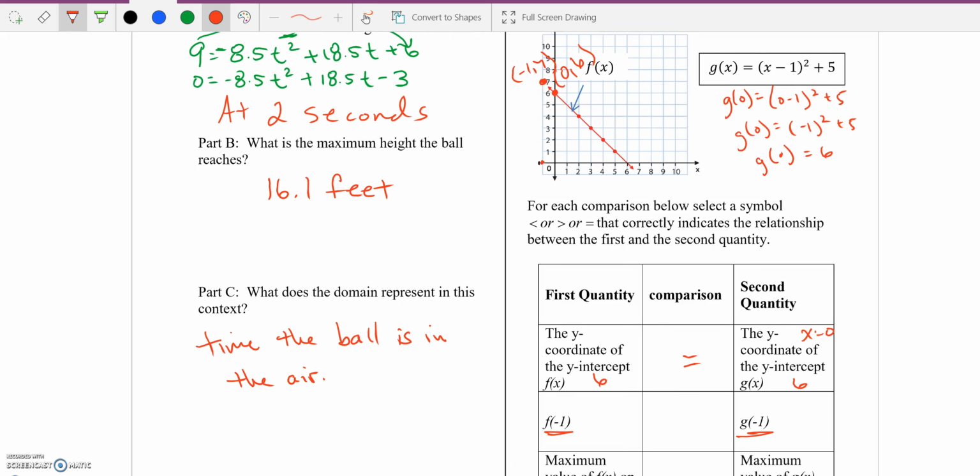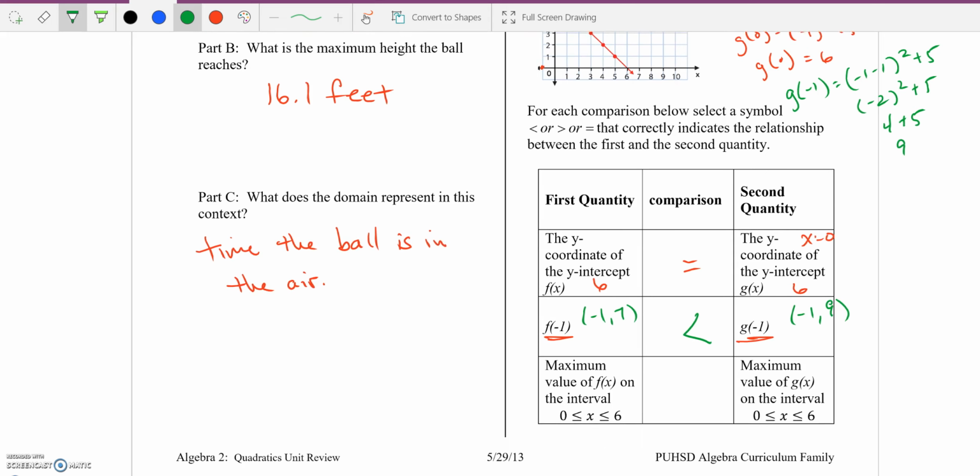For my g function, I need to plug in negative 1, just like we did for g of 0. So I get negative 1 minus 1 squared plus 5. That's going to give me negative 2 squared plus 5. So that's 4 plus 5, which is 9. So this one is at negative 1, 9, where this one was at negative 1, 7. So the g function is greater.